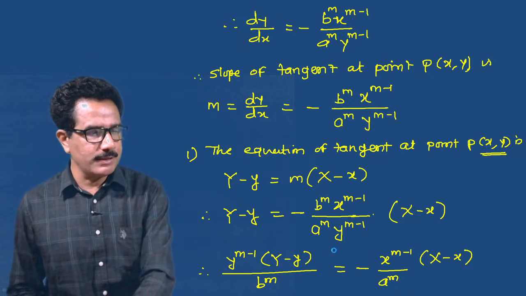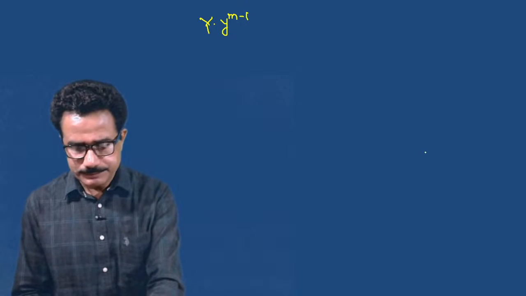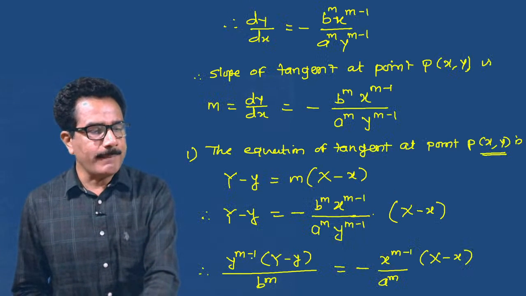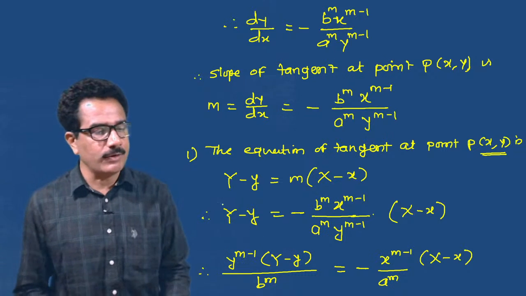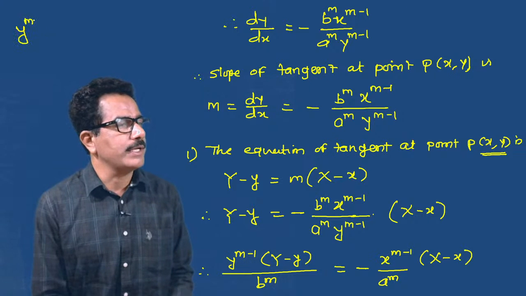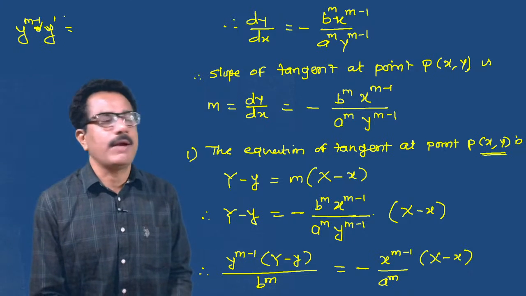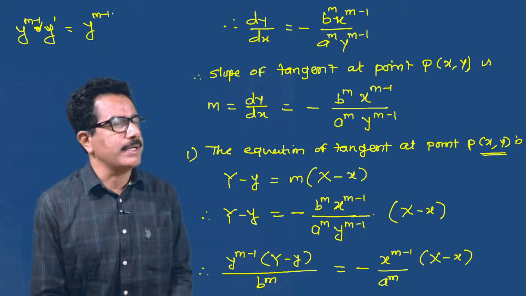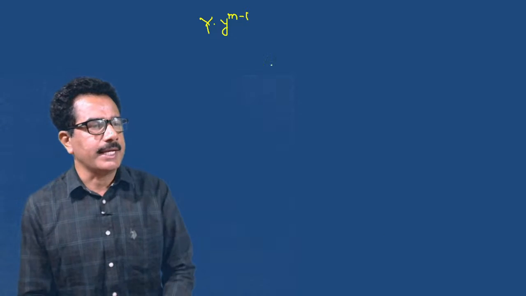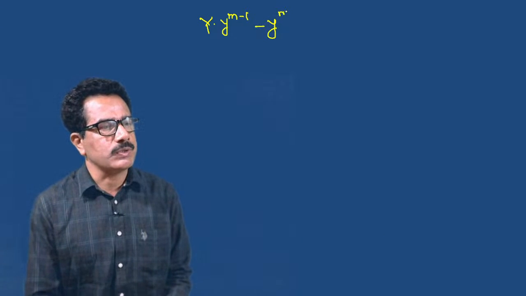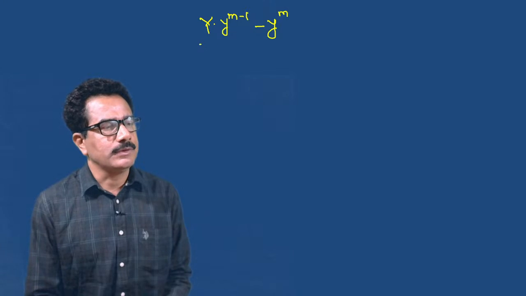So now calculate this, capital Y into y raised to m minus 1. Multiply y raised to m minus 1 into y. Small y raised to m minus 1 into y, the power of this is 1, so y raised to m minus 1 plus 1, so we get y raised to m.